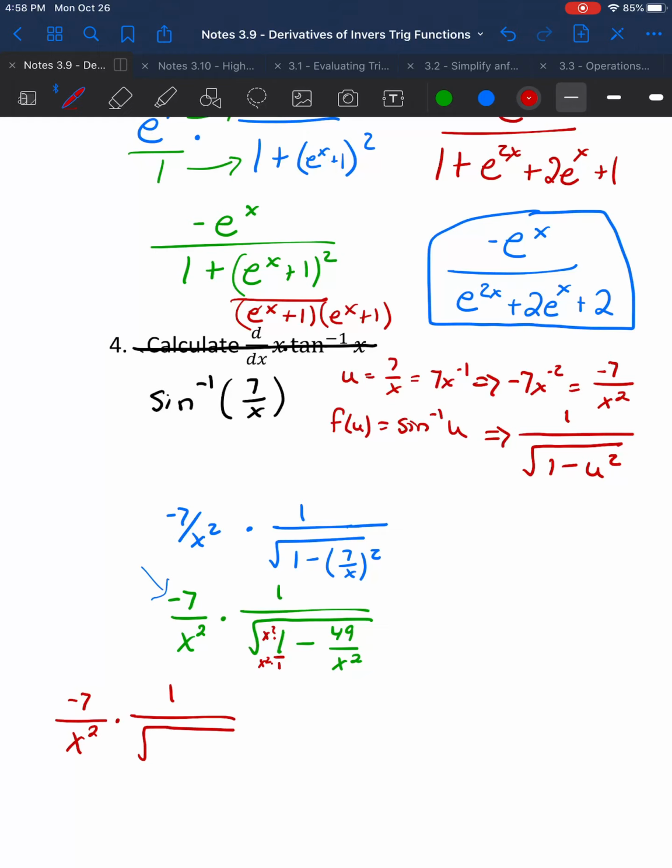So when I get common denominator, I have x squared over x squared minus 49 over x squared. So then I get x squared minus 49 over x squared. All of that is still underneath my root symbol.